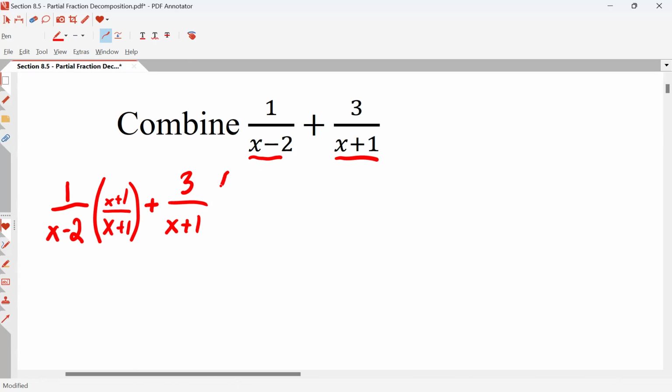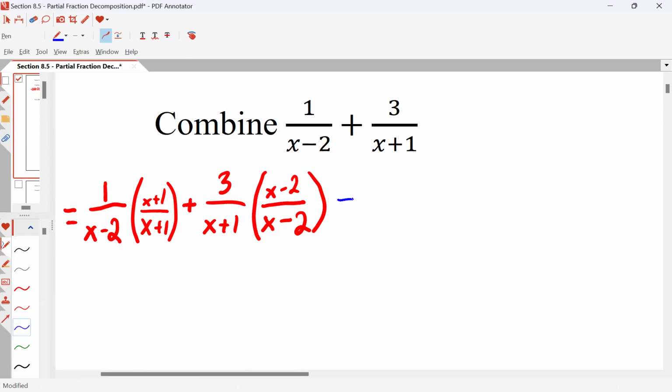And for the 3 over x plus 1, to get the denominator of x plus 1 times x minus 2, I need to multiply by x minus 2. What I do to the denominator, I do to the numerator, to keep the fractions balanced and keep them the same. So this line is the same as the line above it.